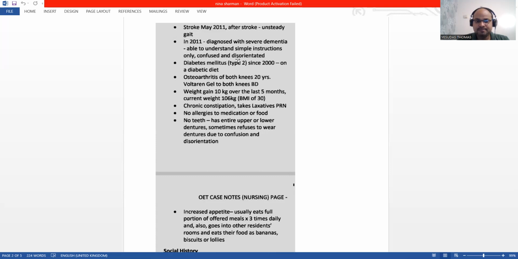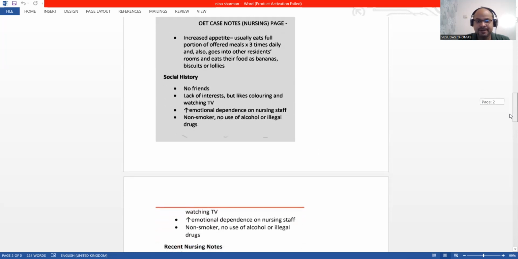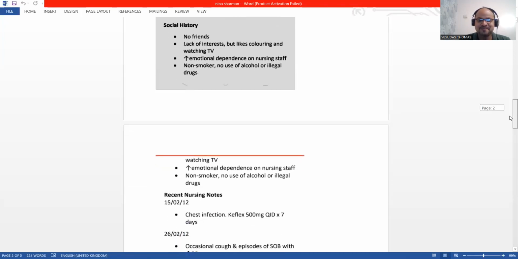So she has dentures and she refuses to wear them because of confusion and disorientation. This is very important. Now, something else important is her appetite. We just need to say that she has increased appetite. We don't need to say what type of food she eats and how she eats.